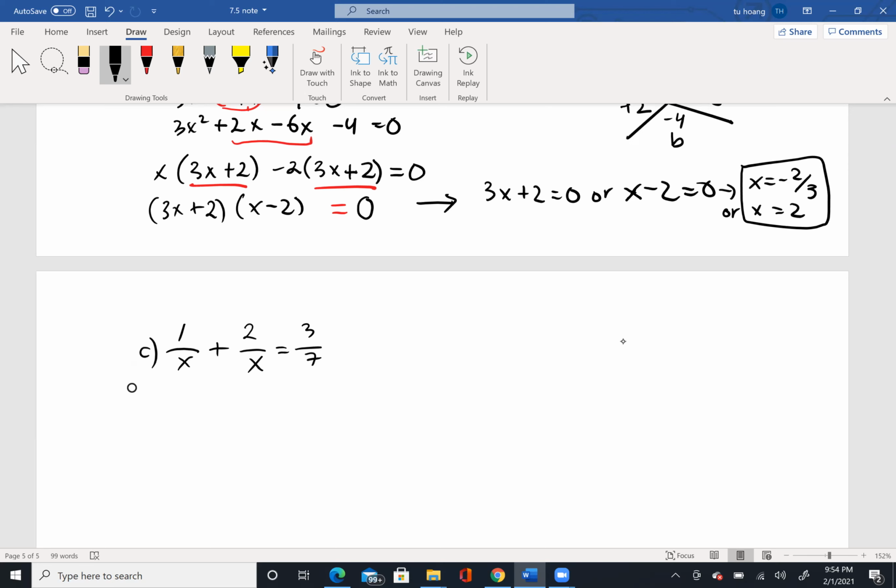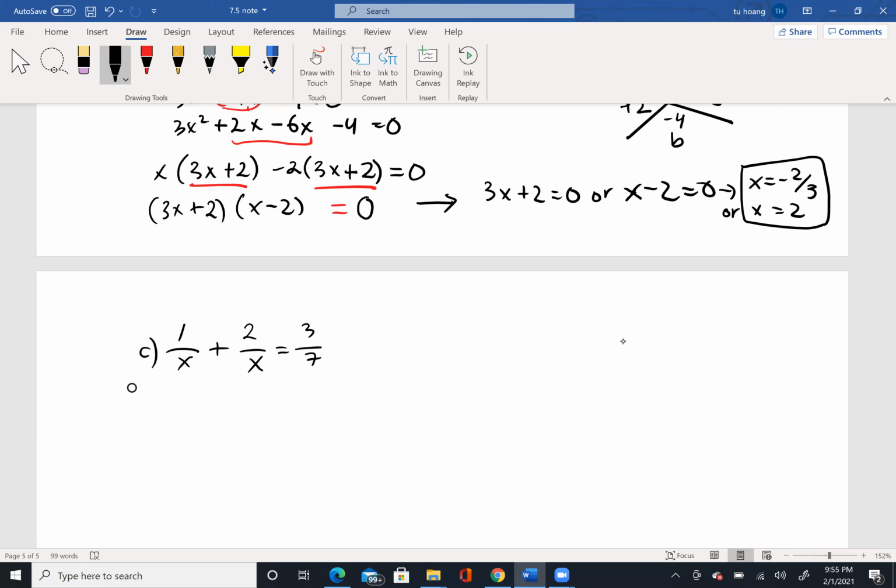In order to use the cross multiply method, right, you need to have both sides with only a single fraction, right? So on the left side right now, you have 2 fractions. So you need to combine them into only one single fraction. In order to do that, you need to make sure they have the same denominator.